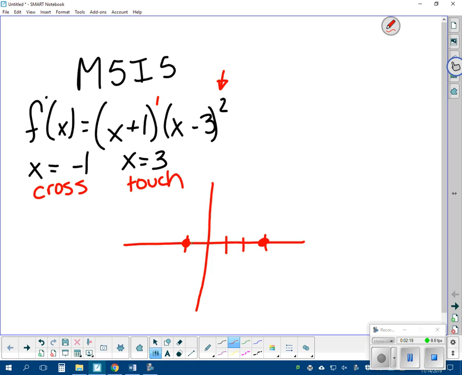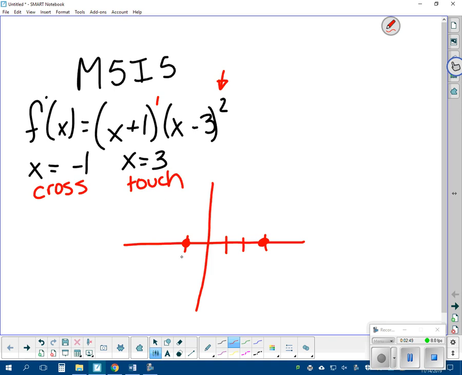From -1 to 3, the whole function's either above or below the x-axis. Same thing for 3 to infinity. But keep in mind, you're only touching here, you're not crossing. So whatever this interval is doing, whether above or below the x-axis, this next interval is going to do the same thing. So your roots split your function up into intervals.